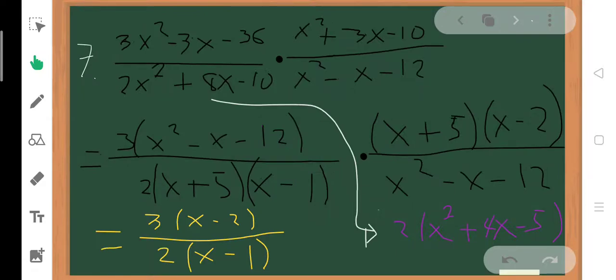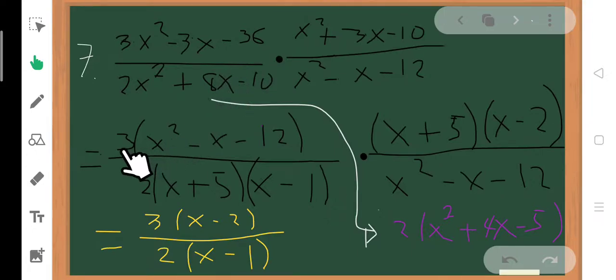Okay, another one. We have 3x squared minus 3x minus 36 all over 2x squared plus 8x minus 10 times x squared plus 3x minus 10 all over x squared minus x minus 12. As you could see in this trinomial, we have a common monomial factor, which is 3, because all the coefficients and the constant are divisible by 3.